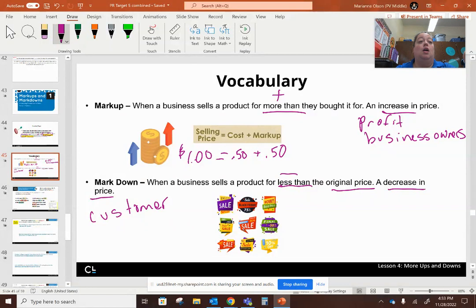So a lot of them have like 75% off or 30% off, 25% off, or they say sale. Usually if they say sale, they've marked down something. Or like Walmart rollback prices, that's their markdown. Now we talked about this: 25% off or 75% of the original price.